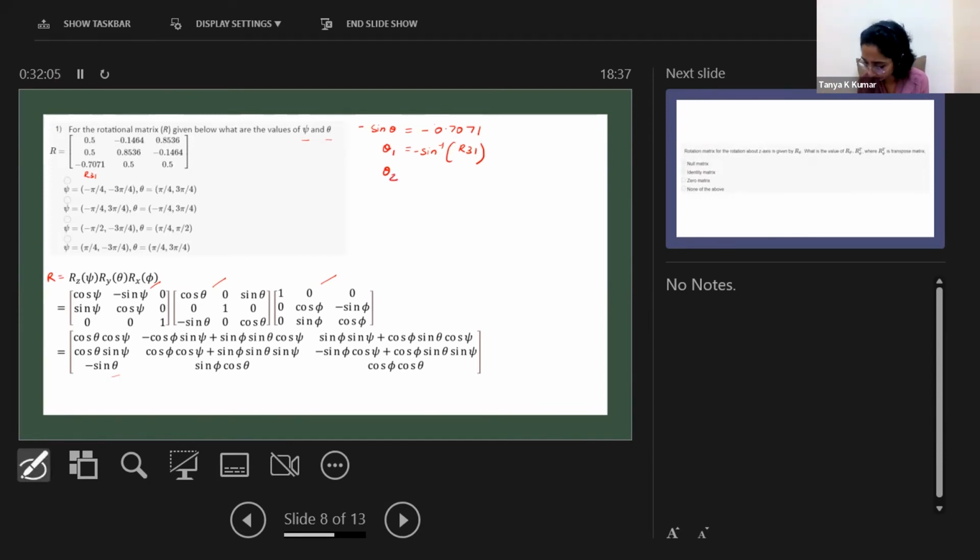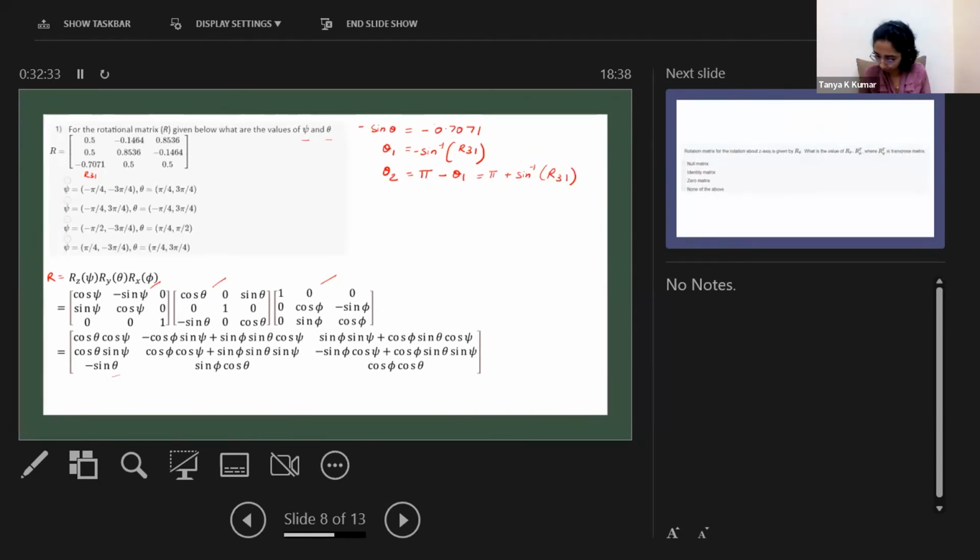Theta 2 would be pi minus theta 1, which gives pi plus sine inverse of R31. Both give you the same sine theta value.